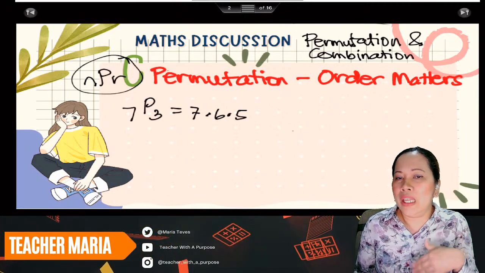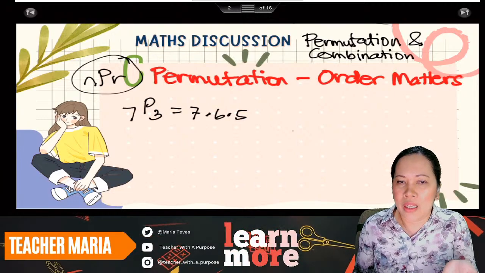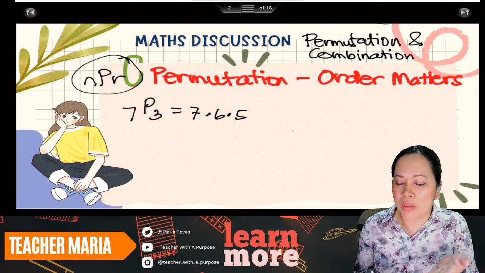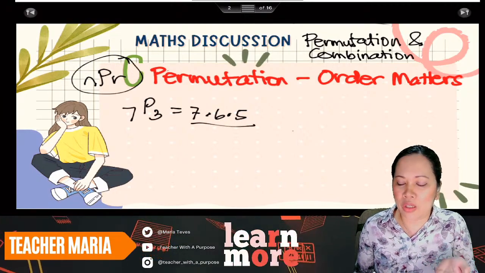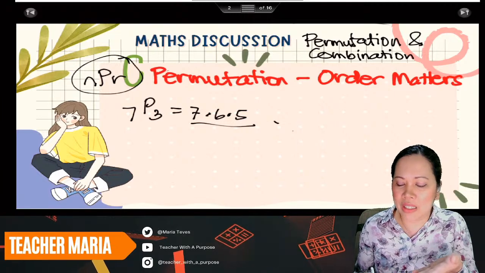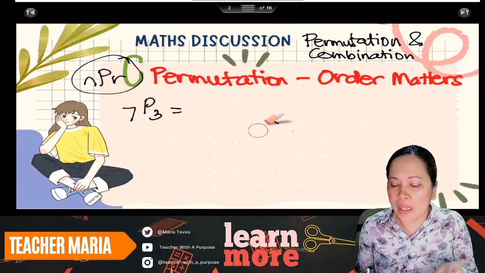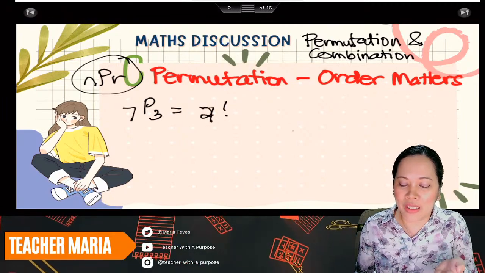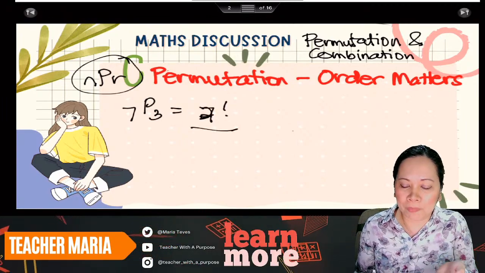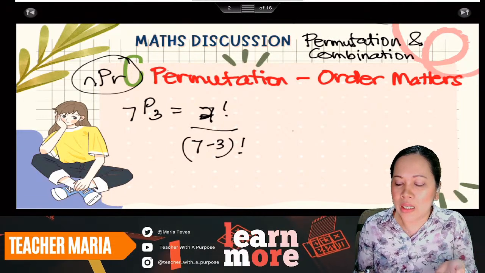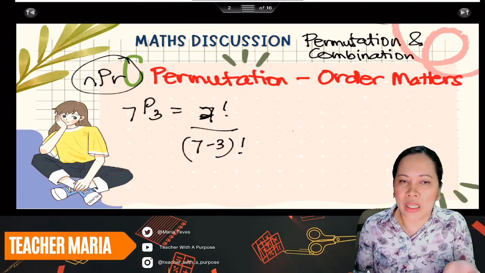So what would it be over with? So if you have this, then you will have on the bottom part... Okay, so this one, if this is 7P3, this will be 7 factorial over 7 minus 3 factorial. Okay, so then you can solve it.